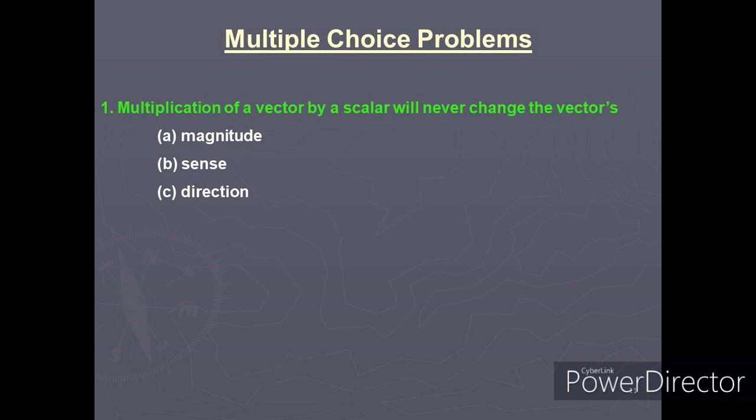I didn't leave the question open. We deliberated. I asked for your opinions. Some chose magnitude, some chose sense, some chose direction. And then I analyzed each one of them. At the end, we arrived at the answer. Because this is so simple and straightforward.